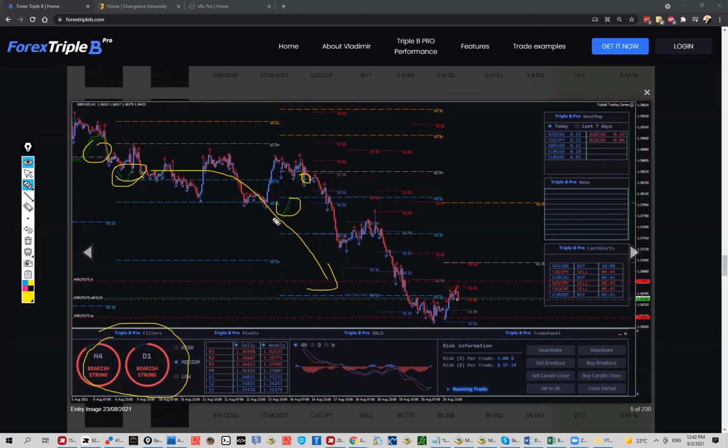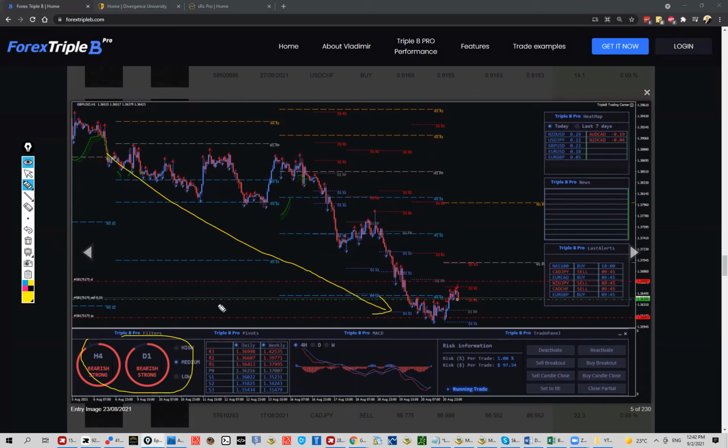Again, some short-term periods where the filter showed the potential direction, but then it was neutralized pretty quickly.